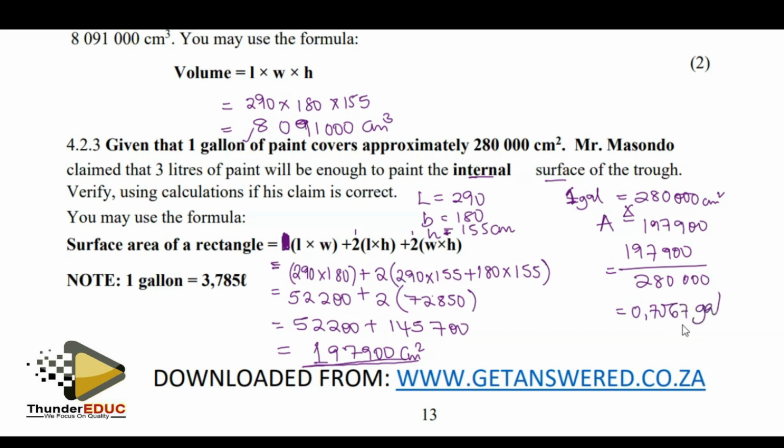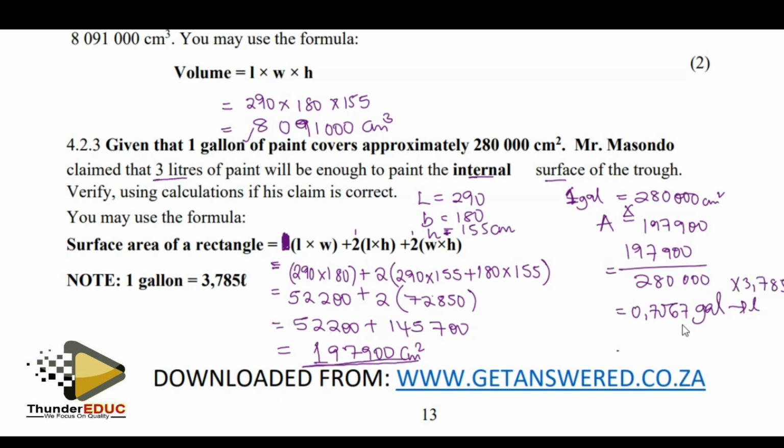These are gallons. So change them to liters because her claim is 3 liters. So if 1 gallon equals to this much liters, what about this gallon? So we shall multiply by 3.785.